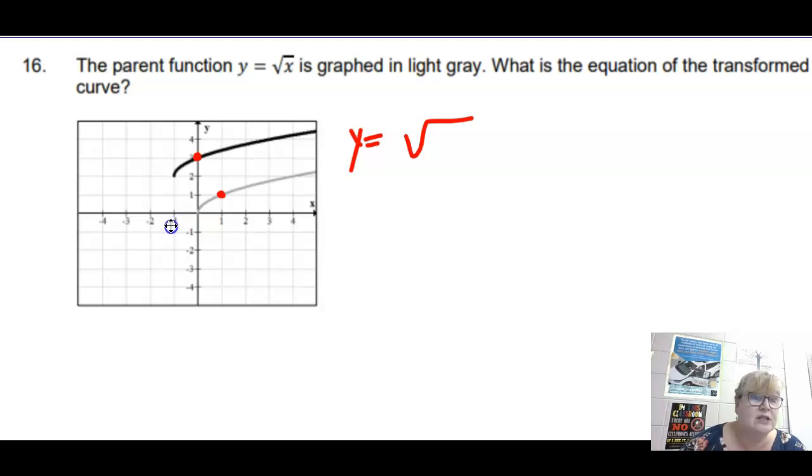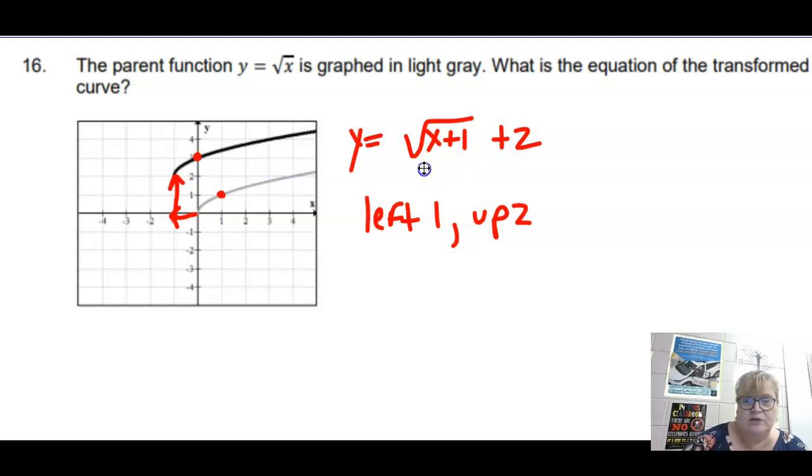By the way, that's not a slope, okay, because it's not straight and linear, but it still went that amount. So we went left 1 and up 2. That would be +1 in here and a +2 on the back, because anything inside is the opposite of what it seems.